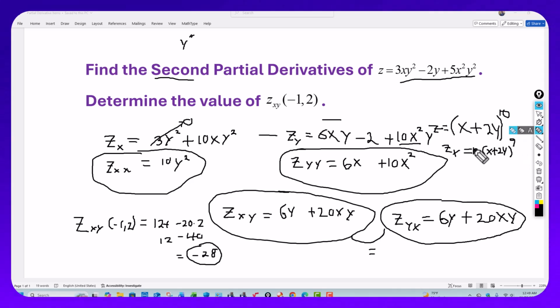So now, using the chain rule, we've got to take the derivative of this. The derivative of x, that's the variable, is 1, so it'll be times 1 here, because the derivative of 2y is 0. So when you compute the derivative of this expression with respect to x, the 2y would be 0, the x would be 1. So basically you get 10 times x plus 2y to the 9th.